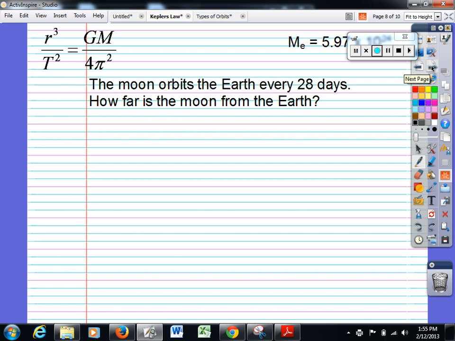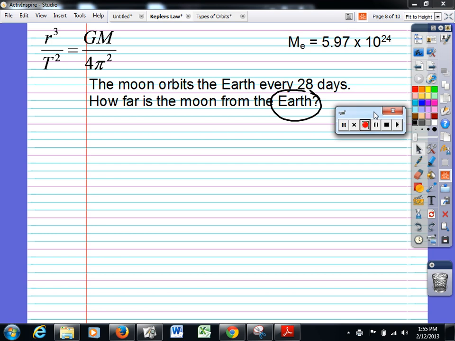Rightio. This one here, I'm not going to do, because this is one that you have to do on the worksheet. Just to work out what you're doing here: the moon orbits the Earth every 28 days. How far is the Earth from the moon? We need the mass of the central object of the moon's orbit, which is the Earth. The HSC has the mass of the Earth, it's on the back page, on the data sheet.